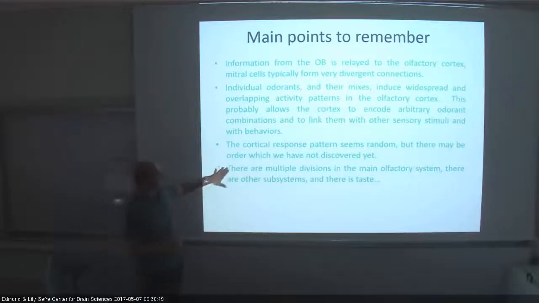And the next slide, which is not a summary because this is actually the jumping stage to the next part, is the fact that we have multiple divisions in the main olfactory system and generally in chemosensation, and there's not just one homogeneous type of sensory neurons at the first stage. So now we move on to the second part.